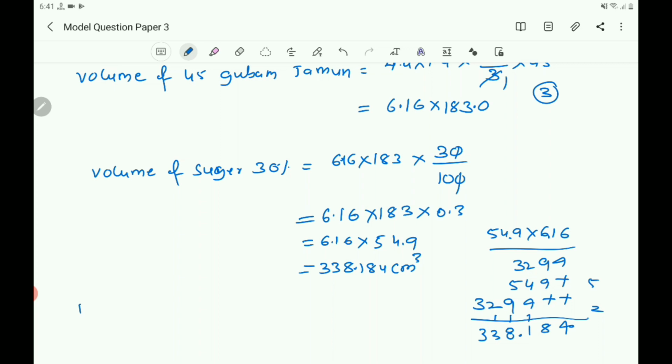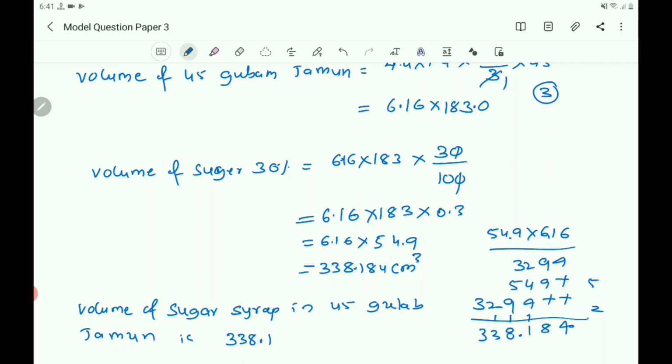So you write volume of sugar syrup in 45 gulab jamun is 338.184 cm cube.